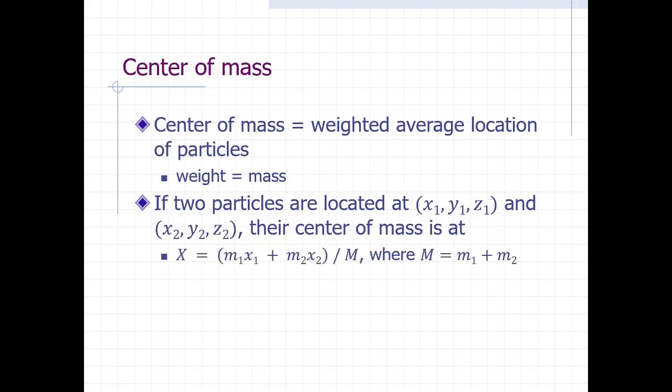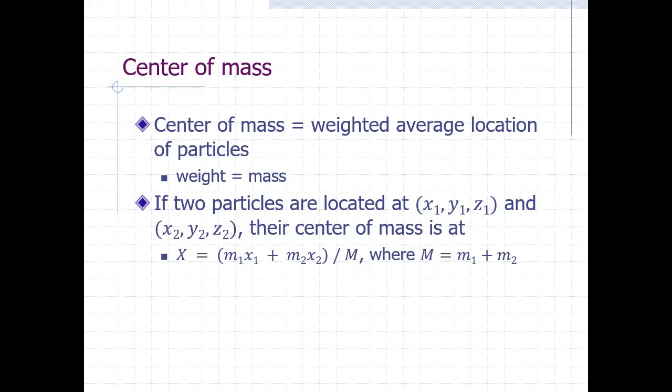The x-coordinate of the center of mass, shown here as uppercase X, is equal to m1 times x1 plus m2 times x2 divided by the total mass. Here, m1 and m2 are the masses of particles 1 and 2, respectively. Uppercase M is the total mass, which is equal to m1 plus m2.